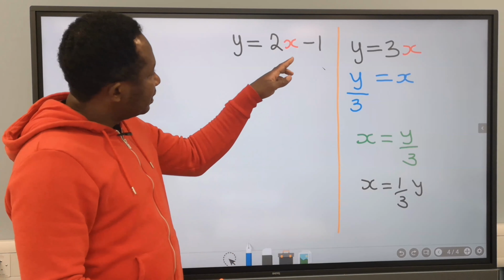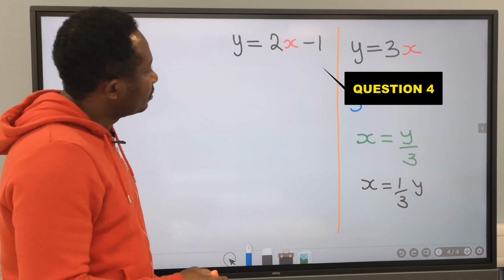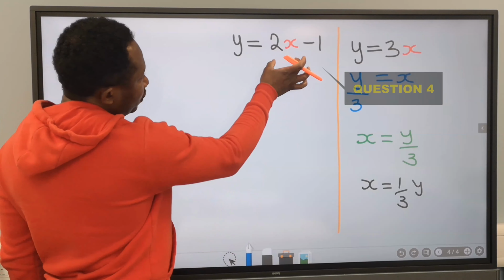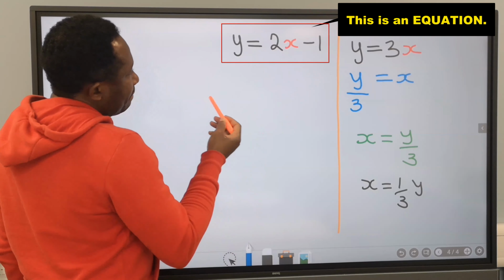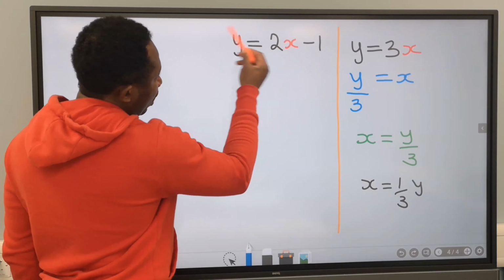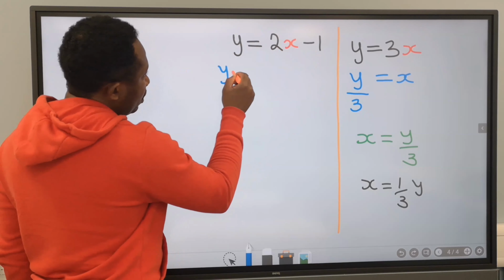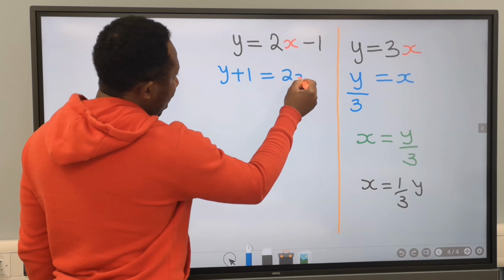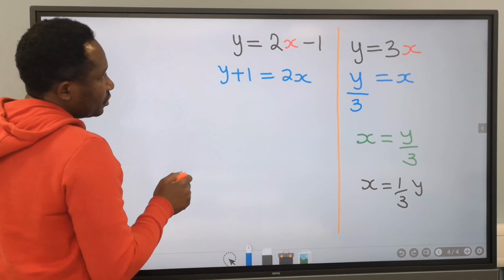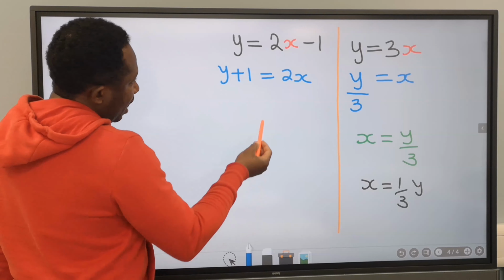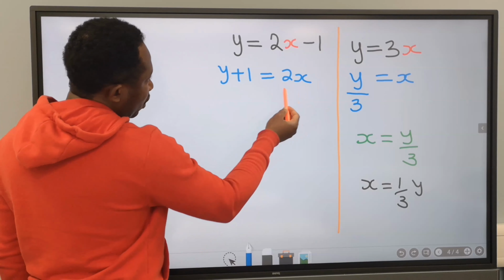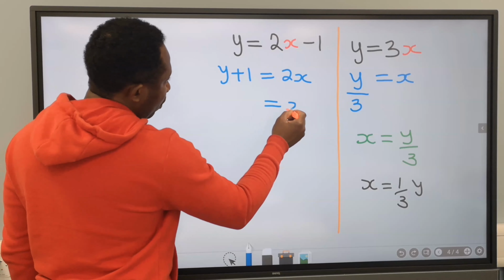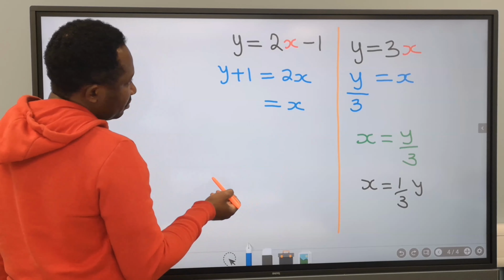Let's make x the subject here. My aim is to isolate x, but I will move this minus 1 across, and on the other side it becomes plus 1. Now I have 2x. Next, I will move 2 out of this position because I want to isolate only x.